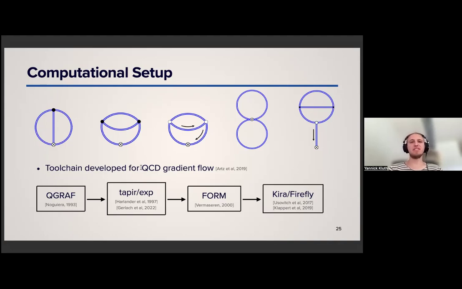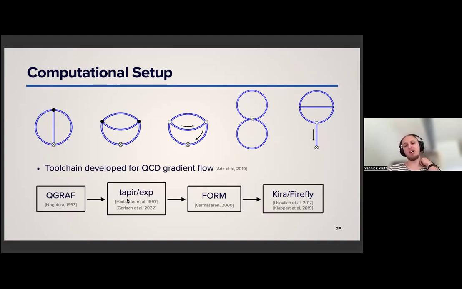Thank you. Yes. So this tool chain was originally developed for the QCD gradient flow, but basically we can immediately also apply it to the computation of our diagrams here. It simply is a chain consisting of QGRAF to generate all the diagrams. Then we use tapir, or rather tab, to translate this to FORM notation, and FORM is used then to insert all the Feynman rules and deal with the tensor algebra.